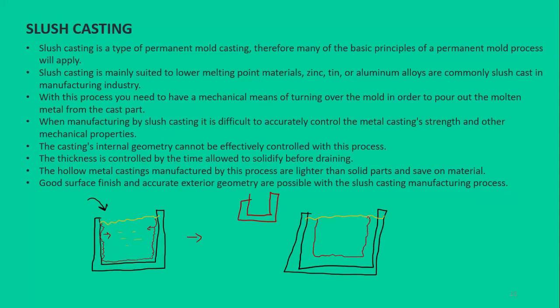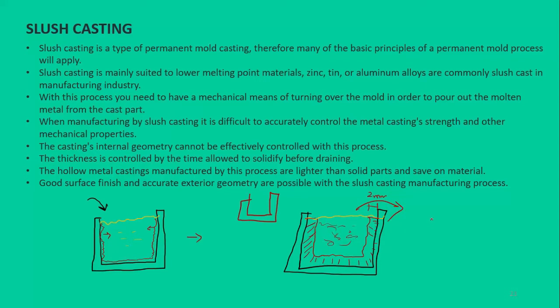As soon as we achieve the level of thickness which we require, our casting is complete. Let's suppose I required 2 millimeters of thickness. Once I achieve this thickness, the remaining material would be somewhat slush, a liquid-solid mixture that is about to solidify. So we'll simply pour this slush out.